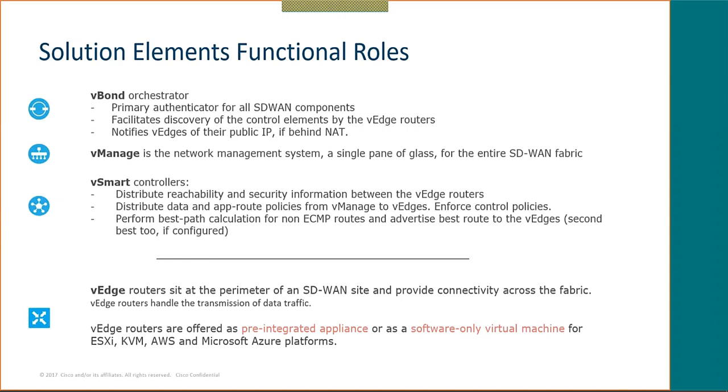Just to keep in mind, for any devices or components deployed in the fabric, to participate in the fabric they don't need any other devices and associated information. We configure or notify the vManage or the vSmart only about the IP address or fully qualified domain name of the vBond.